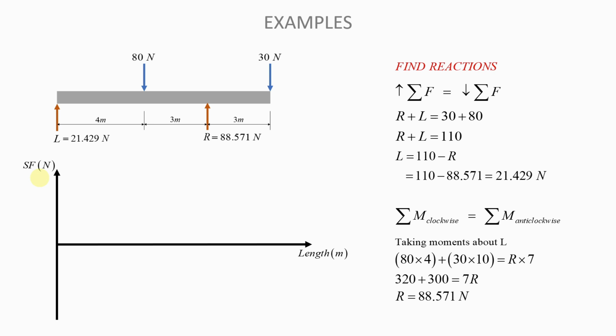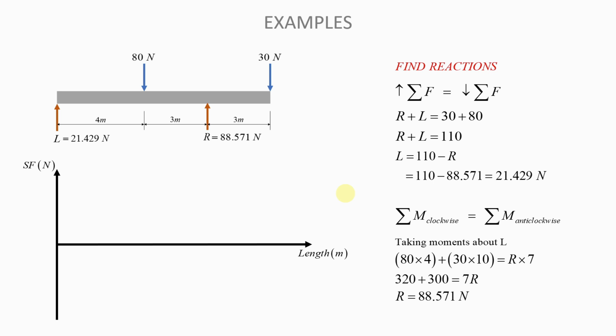So now, once you have drawn your axes like that, the next thing that you need to do is to look at the points of interest. Now, usually in your exams, they will give you the points of interest, okay? But if they do not give them to you, like in this particular example here, then you need to know that points of interest are points where you have a load applied, okay?